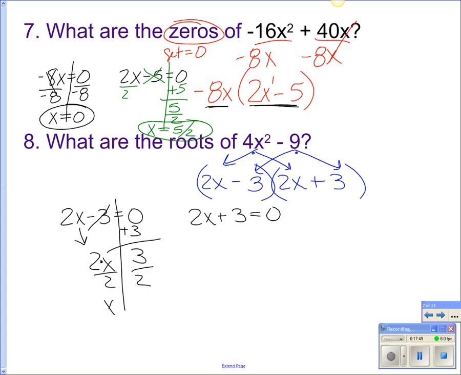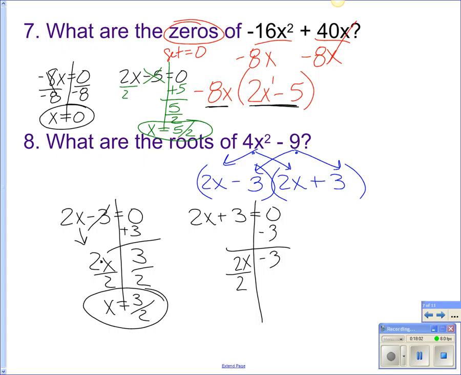So you get x equals 3 over 2. It's a fraction. Okay. Dylan, help me over here. Then what? So x equals negative 3 over 2.